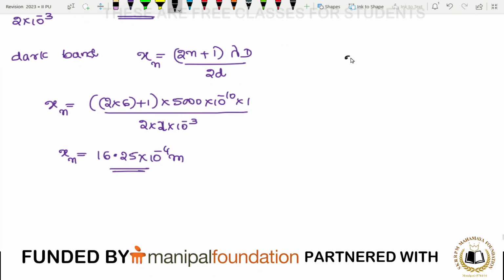Instead of the earlier one, you can go with this formula. Xn is equal to (2n minus 1) lambda D by 2d. This is the formula, but what n value do you write? 7, since the 7th fringe is given.